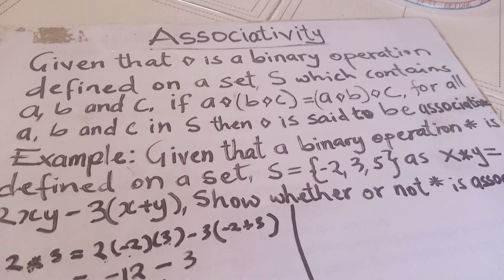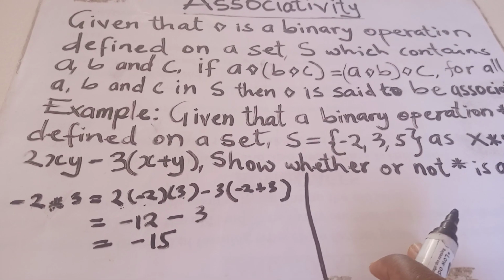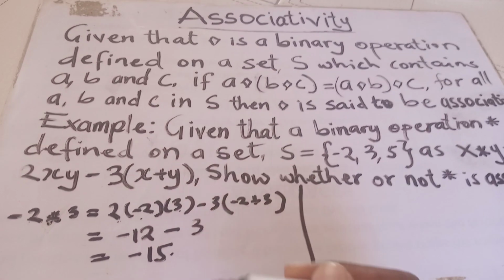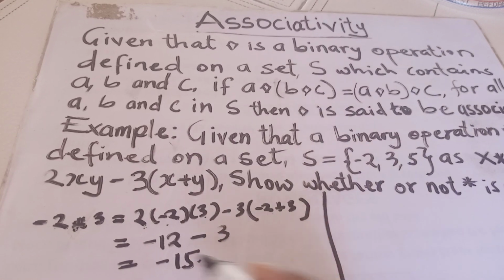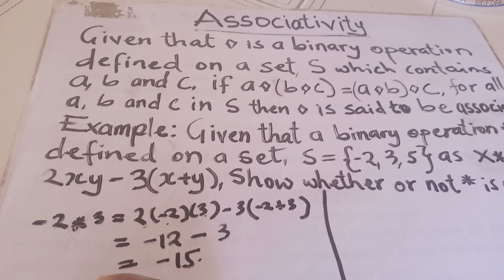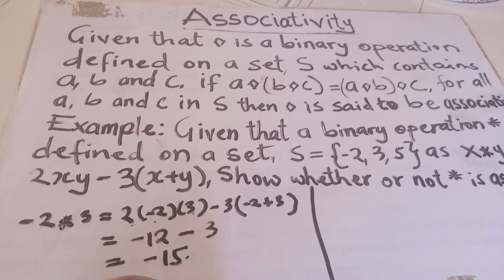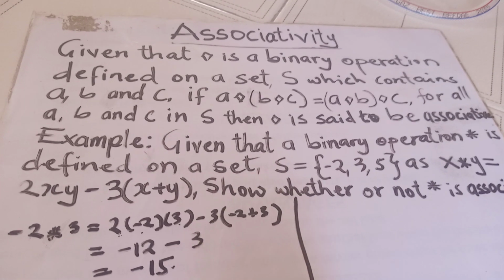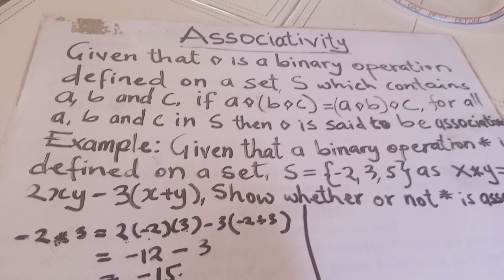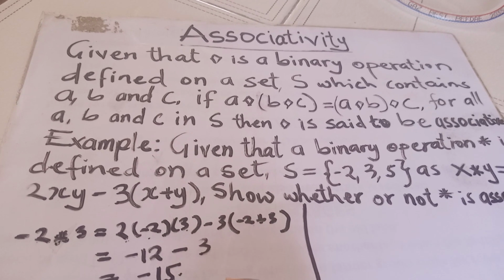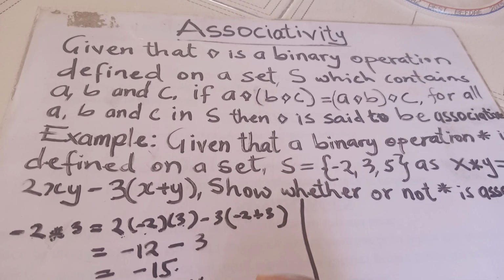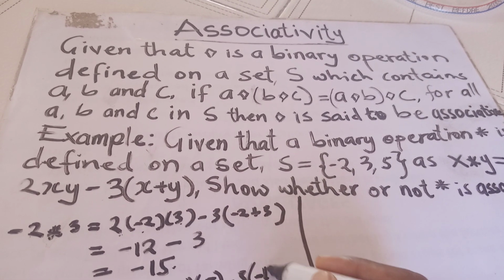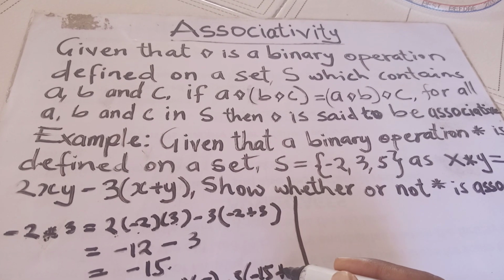According to the rule of associativity, we now operate -15 on 5. So -15 operated on 5: in place of x we put -15, and in place of y we put 5, minus 3 into bracket, in place of x -15 plus 5.